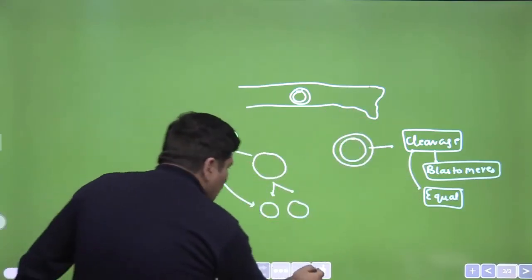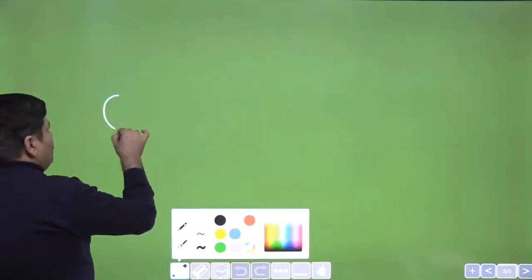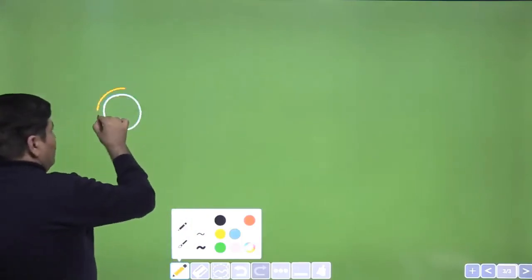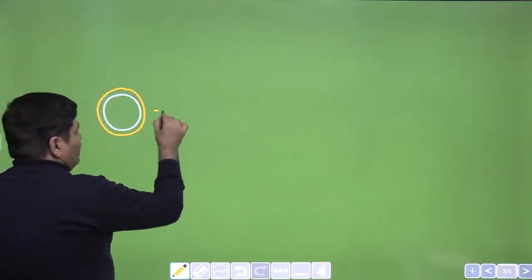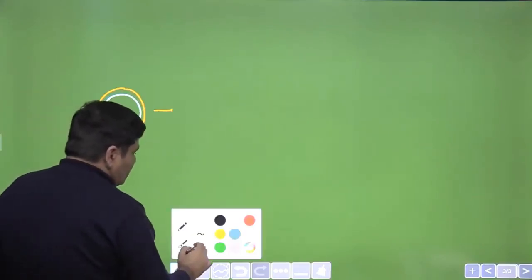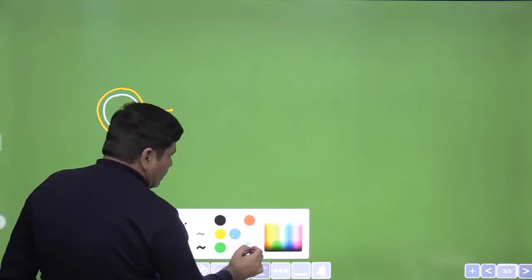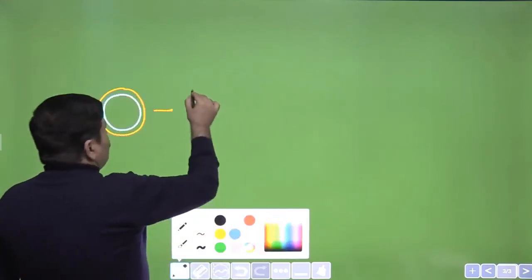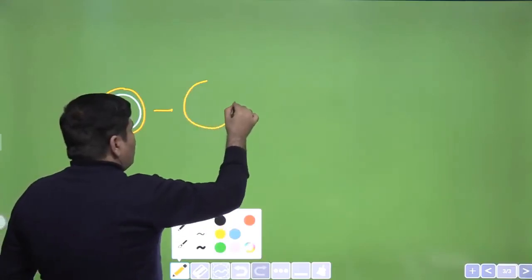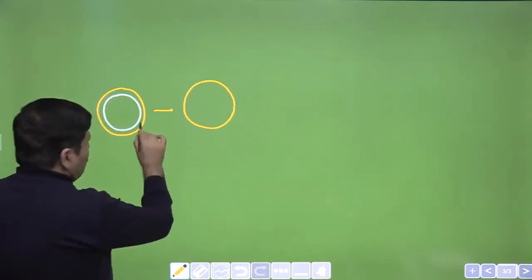So just to give you an idea, this is the secondary oocyte and it is surrounded by the zona pellucida, and then there is the cleavage division. The first cleavage division will result in the formation of two daughter cells, and these daughter cells will be formed within the confines of the zona pellucida.